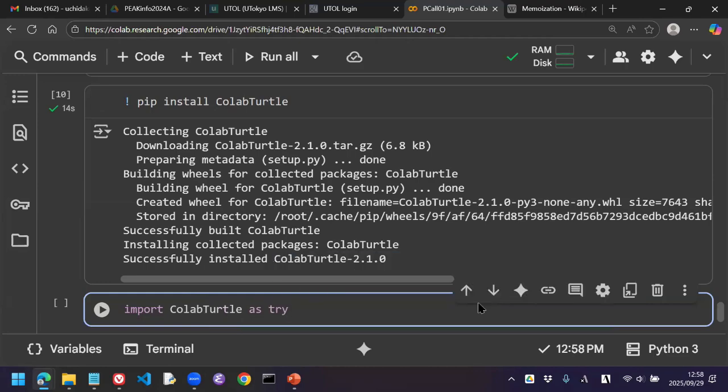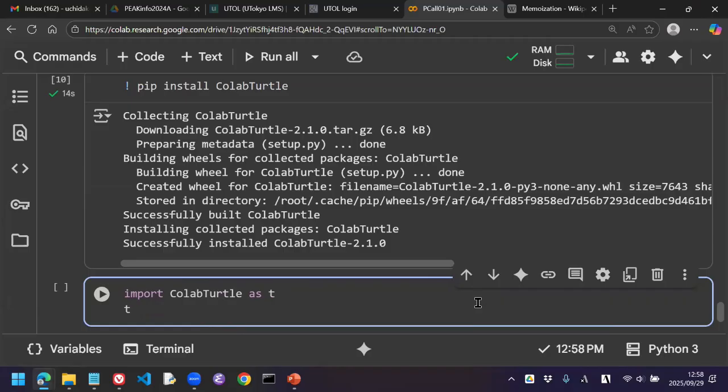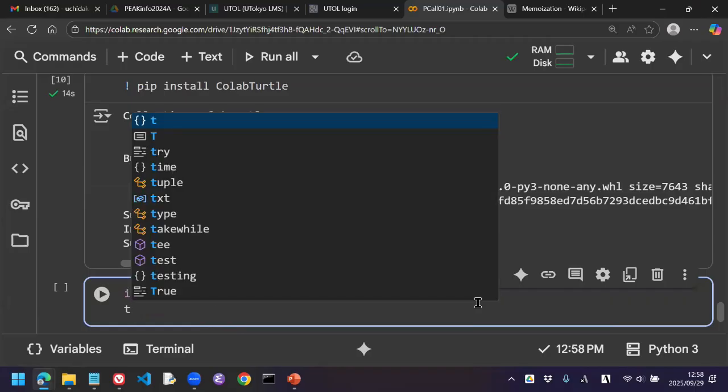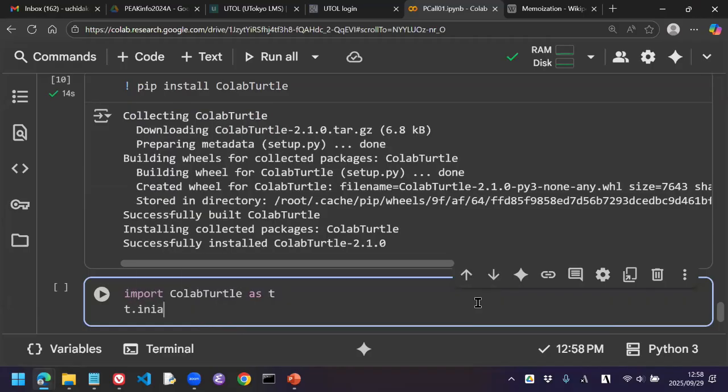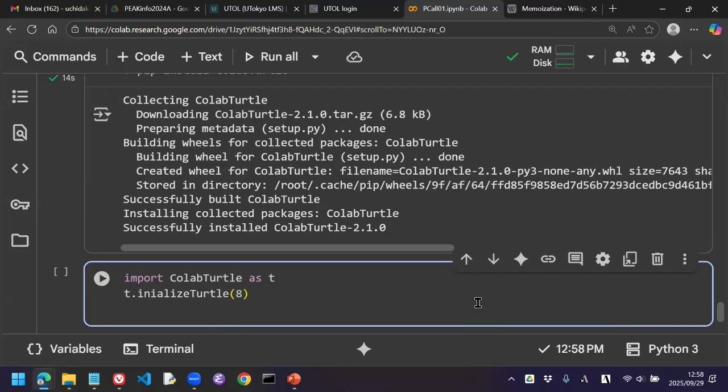Maybe this is simple enough. And t dot initialize turtle, and maybe you can specify the speed here, and let's just see what happens.